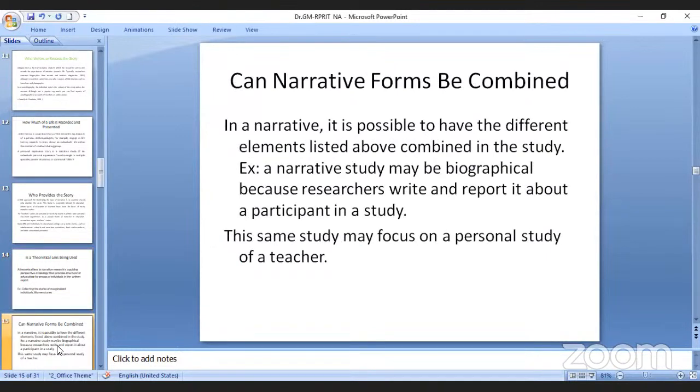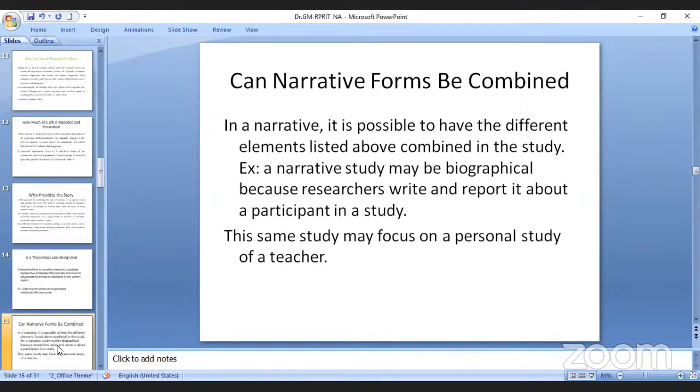Then, can narrative forms be combined? In a narrative, it is possible to have the different elements listed above combined in the study. For example, a narrative study may be biographical because researchers write and report it about a participant in a study. It is a biography.